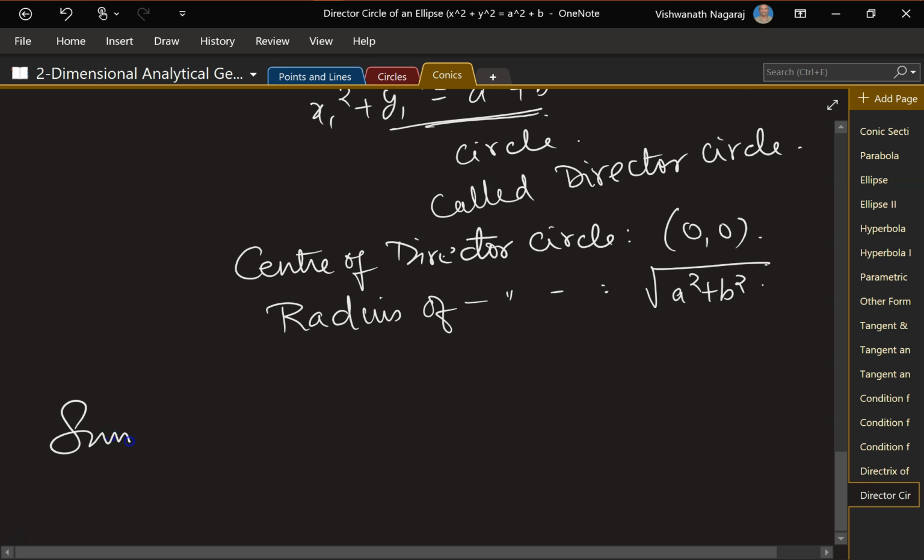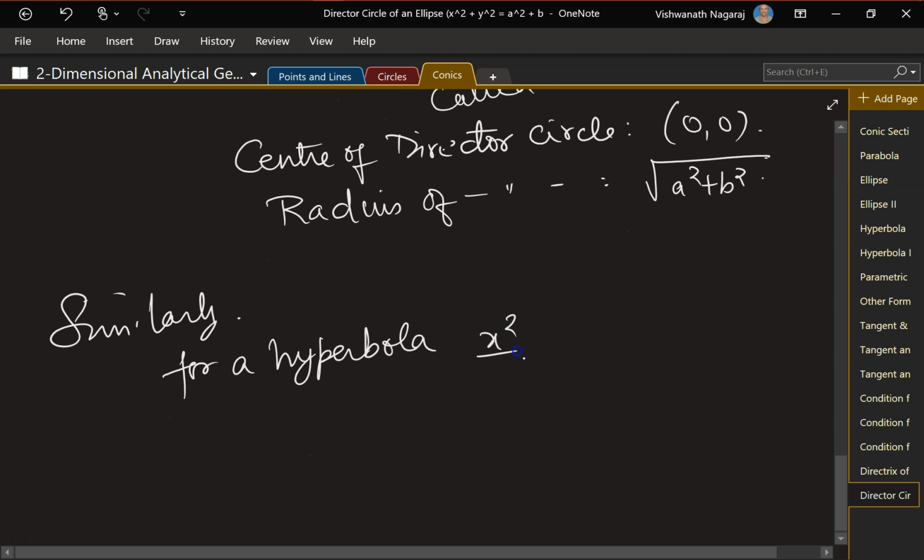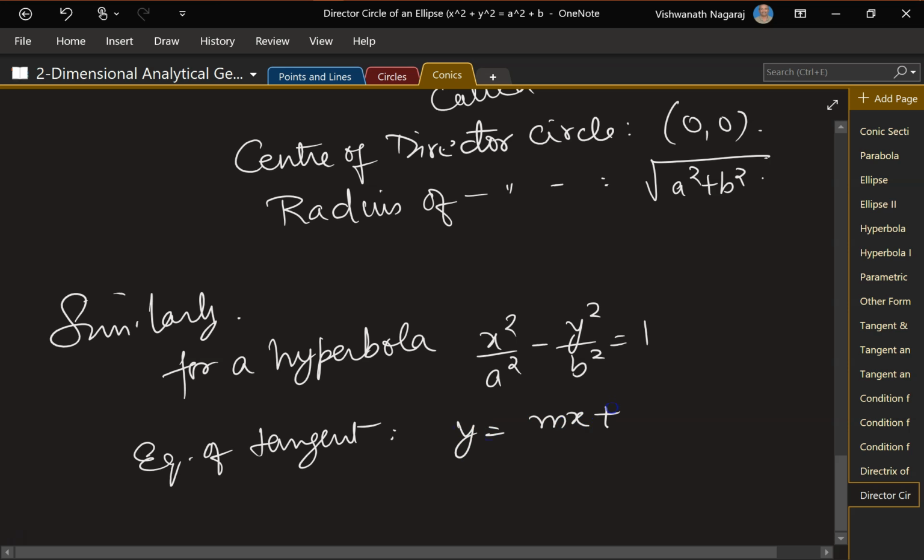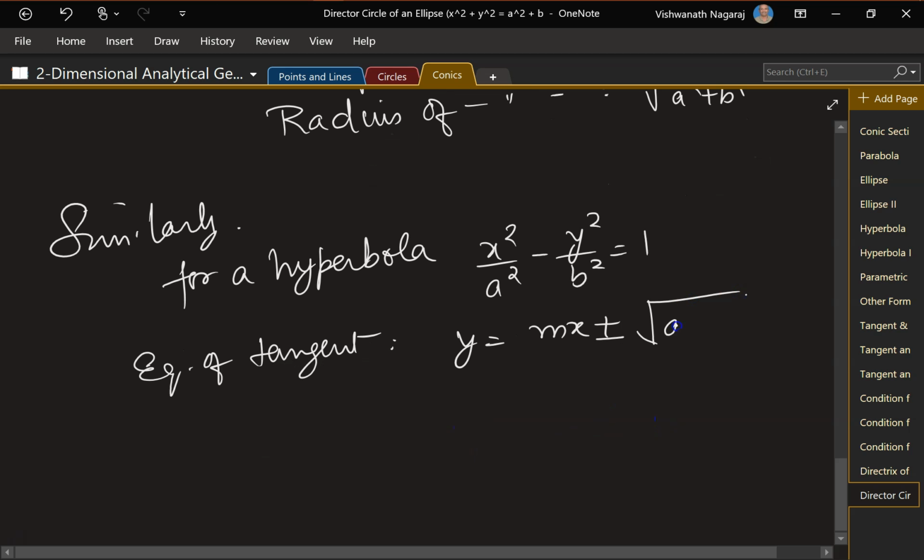Now similarly, for a hyperbola given by x square by a square minus y square by b square is equal to 1, the equation of tangent would be y is equal to mx plus or minus square root of a square m square minus b square. Follow the same procedure.